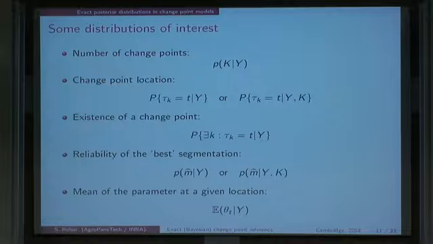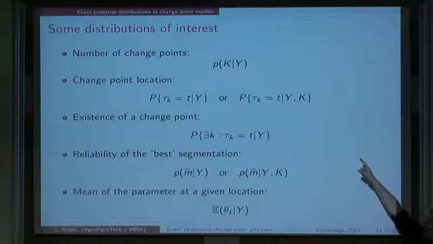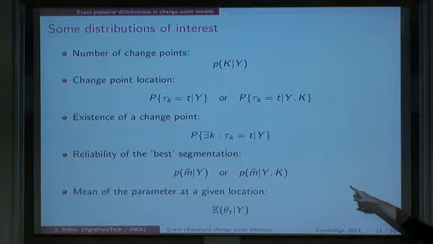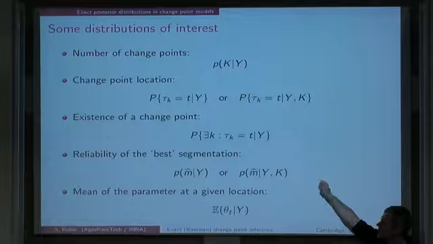Typically, I would like to say something about the number of change points, but also about whether it is likely or not that, for example, the k-th change point occurs at position t, conditionally on k or not. I may want to make this kind of inference with a given number of segments, and I will show you an example where you know the number of segments in advance, but of course there are situations where you don't. You may also ask yourself if there is a change point at a given location.